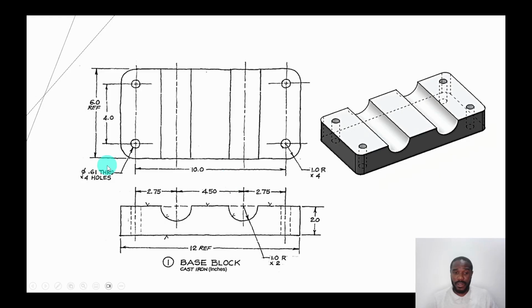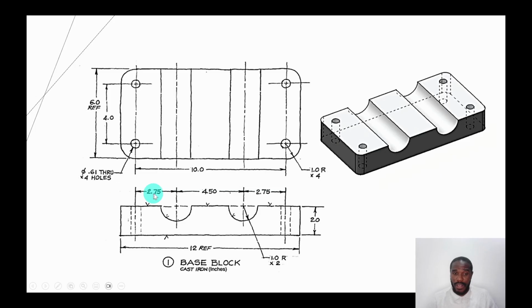So it therefore means that the distance of the center of this semicircle from this edge is going to be 1 plus 2.75, which will give us 3.75, and that's the same on both sides. And then if you sum all of that, you see that all of that should still give you 12.